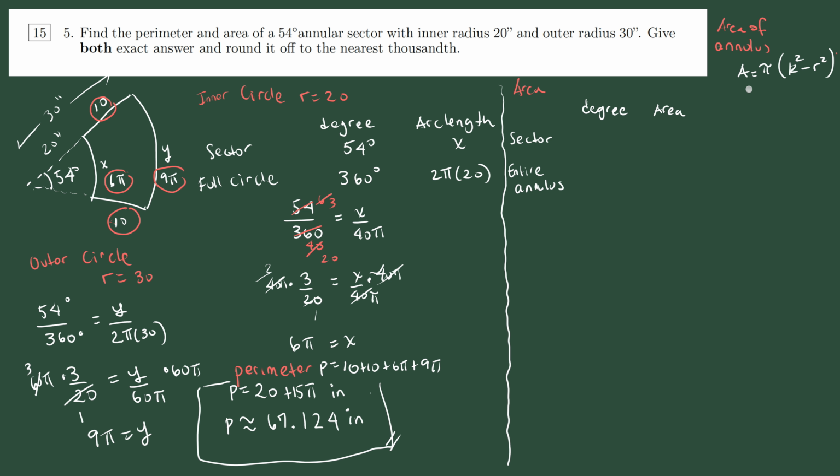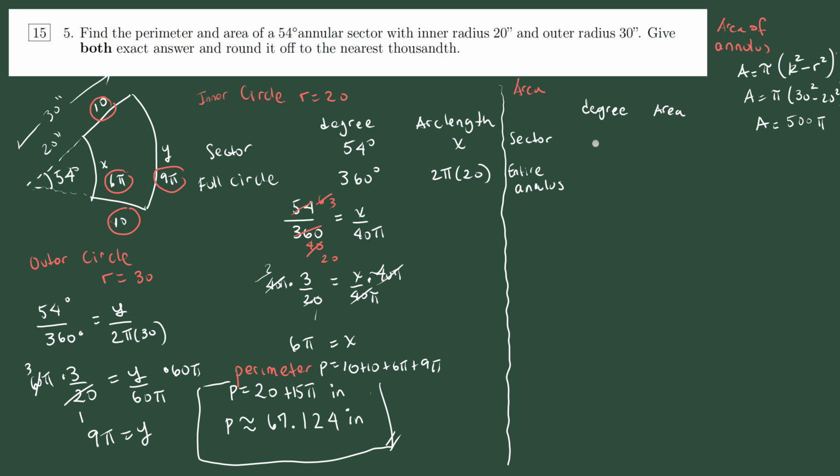So area equals pi, big R is 30, 30 squared, minus 20 squared. Using a calculator, 30 squared is 900, minus 20 squared, which is 400, we're going to get 500. So area equals 500 pi. So that's the entire annulus, okay?